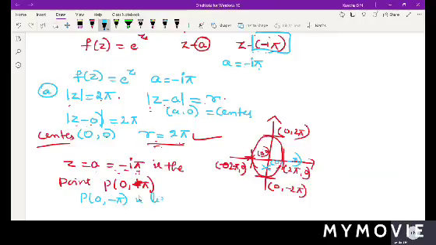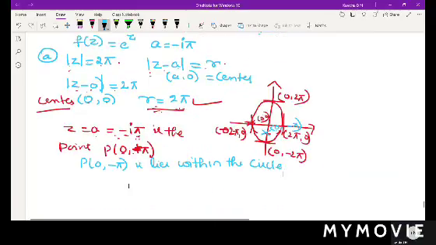So the point P of 0 comma minus pi lies within the circle mod z is equal to 2 pi.